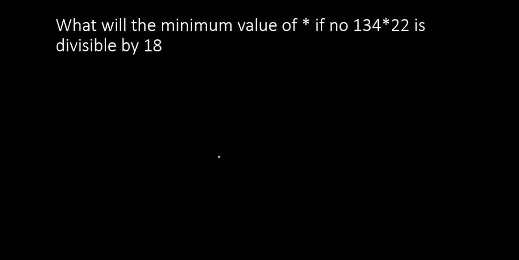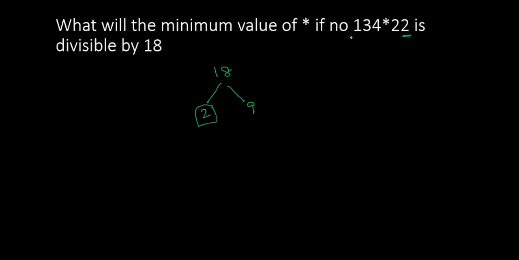What will be the minimum value of star if the number 1 3 4 0 star 2 2 is divisible by 18? So 18 has 2 factors, one is 2 and another is 9. When the last digit is divisible by 2, then obviously 2 can divide the number. So there is no problem with 2. But we have to check for 9.